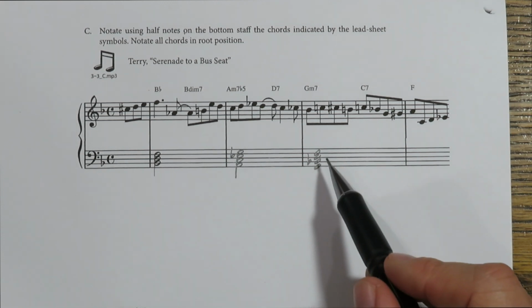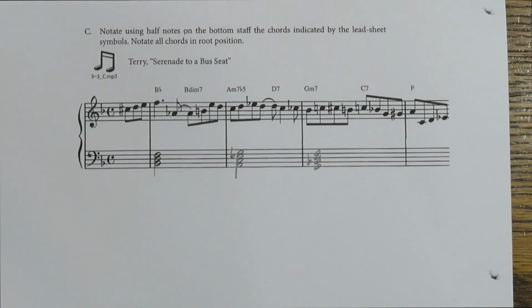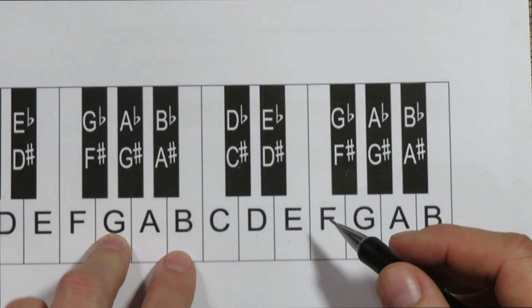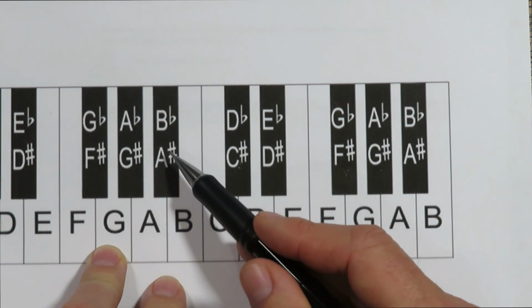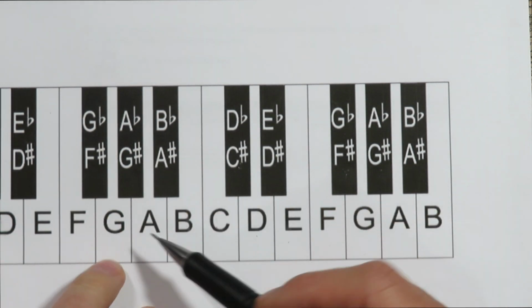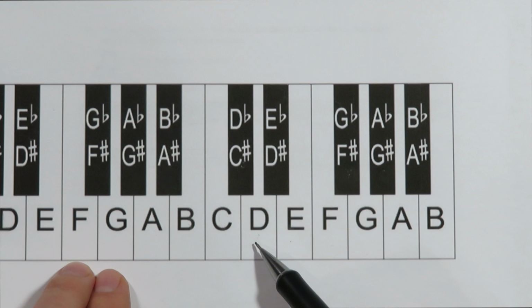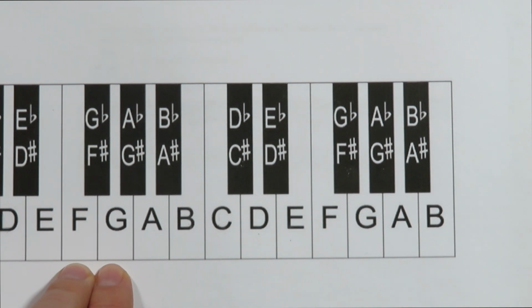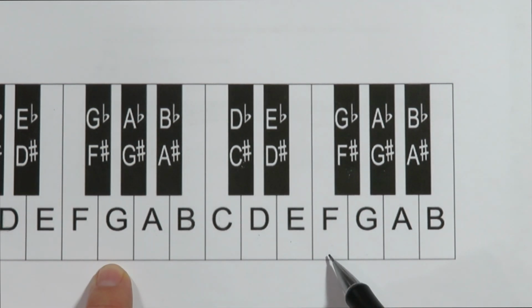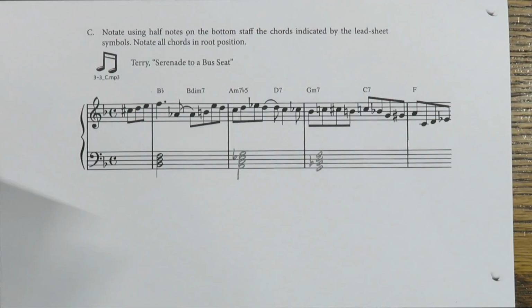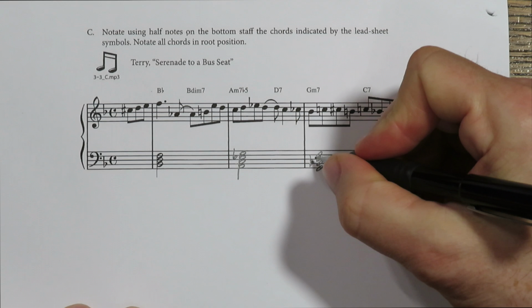G, B flat, D. So we want a minor triad with a minor 7th on top. G to B is a major 3rd. G to B flat would be the minor 3rd. G, B flat, D, good, minor triad. Now G to F is a major 2nd, and that inverts to a minor 7th. So we have G, B flat, D, F. That is G minor 7th.